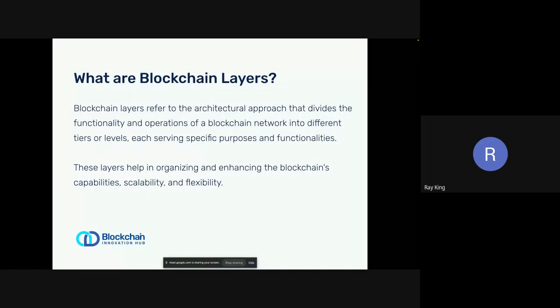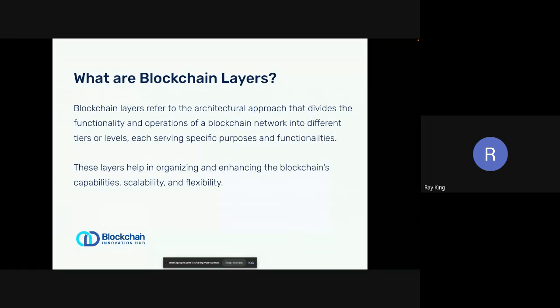Now, please note, relating this to a real life scenario, blockchain layers are basically like when you want to build a house, there are different layers to building that particular house. There's the foundational part where you lay the foundation before you move on to the other things.